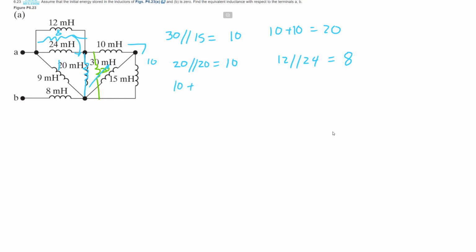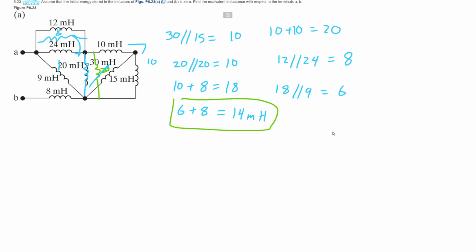So 10 plus 8 is 18. Then that new 18 is in parallel with the 9. And 18 in parallel with 9 is 6. And then finally we have 6 in series with 8. And that's going to be 14 millihenry.